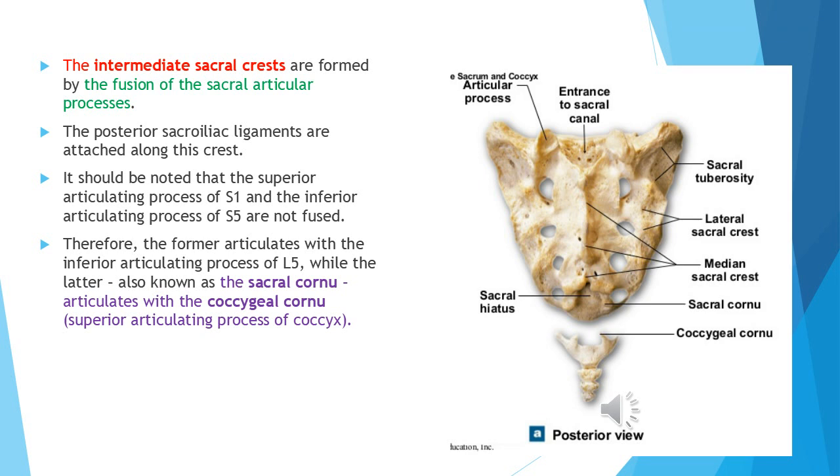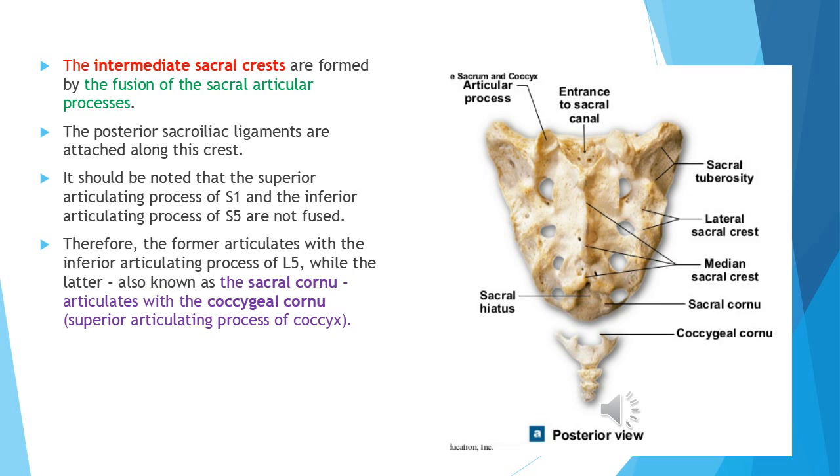So, there will be another crest, that is the intermediate sacral crest. That is formed by the fusion of the sacral articular processes. Then, it should be noted that I already mentioned the superior articular process of your S1 vertebra, that is the first sacral vertebra, is not fused, and S5 is also not fused.